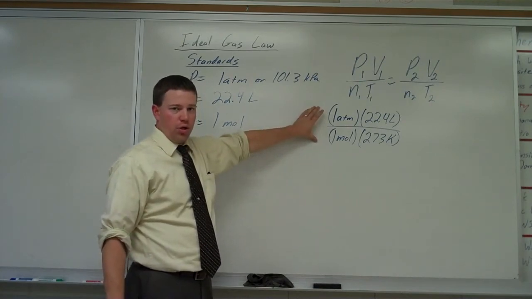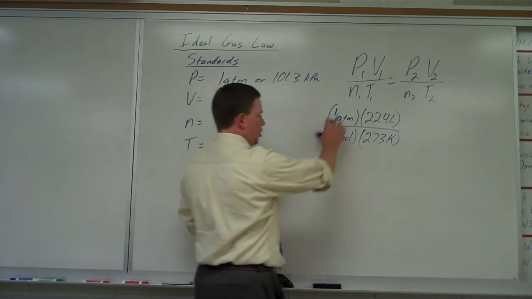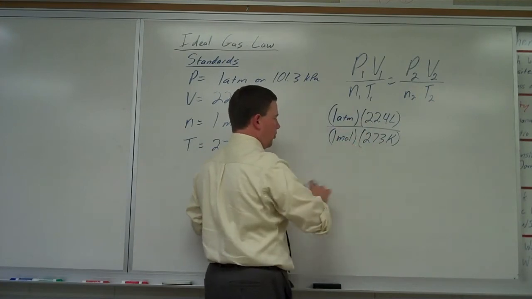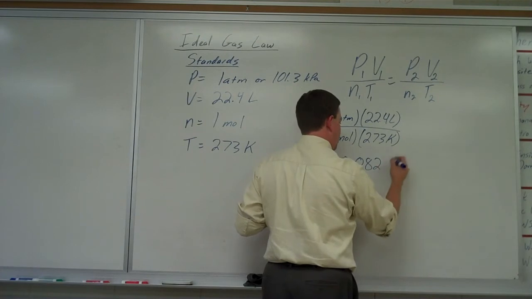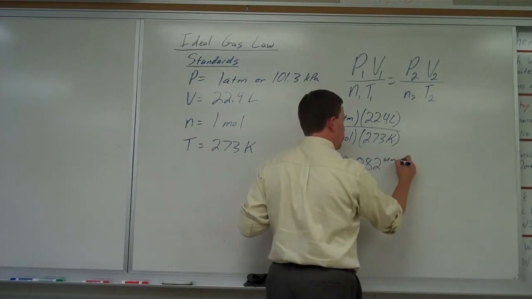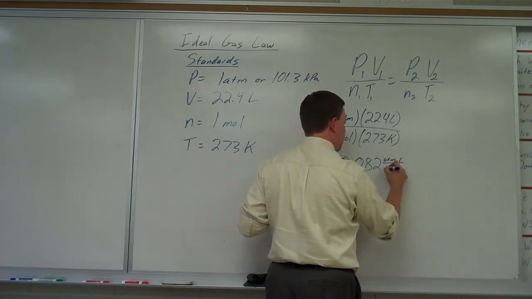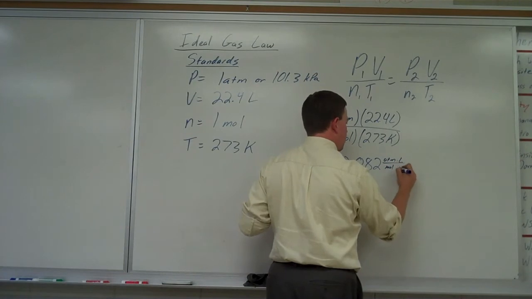Once I do the math with the calculator, I simply multiply on the top, divide by what's on the bottom, and I come up with a number that's 0.082. None of the units cancel, so we get this big ugly unit of ATM times liter per mole times Kelvin.